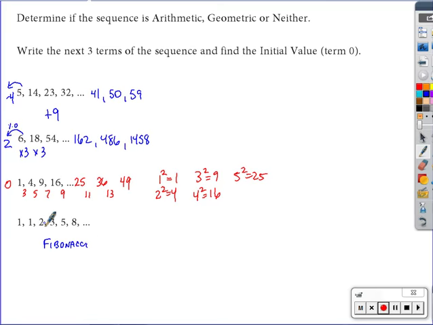So 1 plus 1 is 2, 1 plus 2 is 3, 3 plus 5 is 8, 5 plus 8 is 13, 8 plus 13, 21, 13 plus 21, 34, and continue. 21 plus 34, 55, so forth.